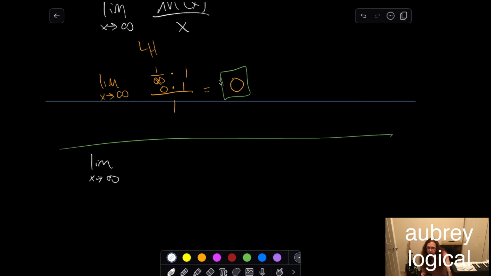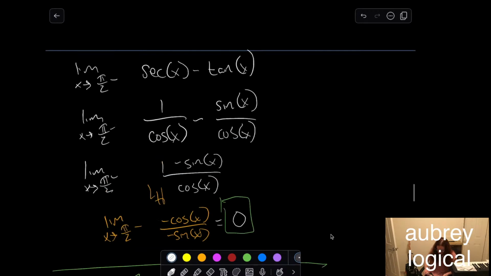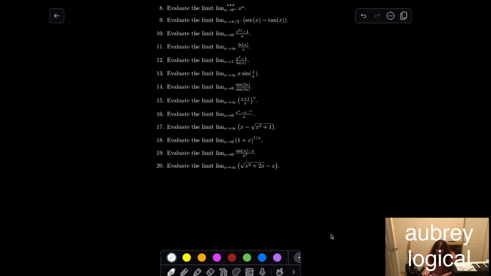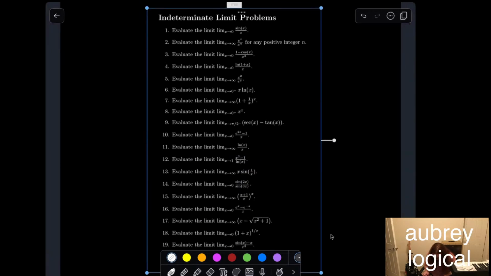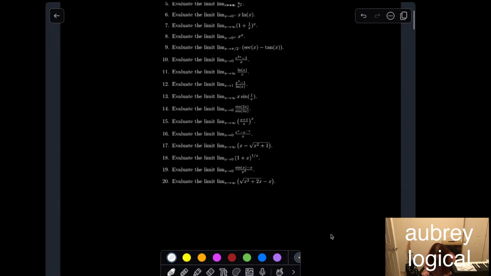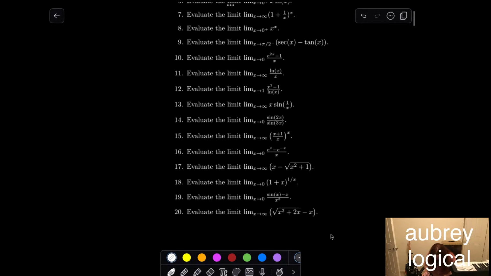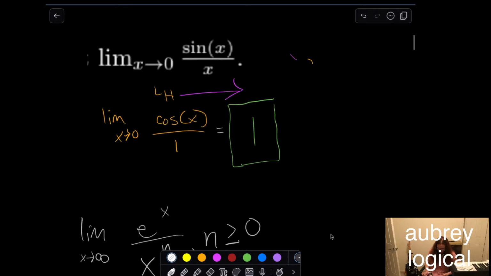Let's see here. We are doing 12. X squared minus 1 over ln of x.